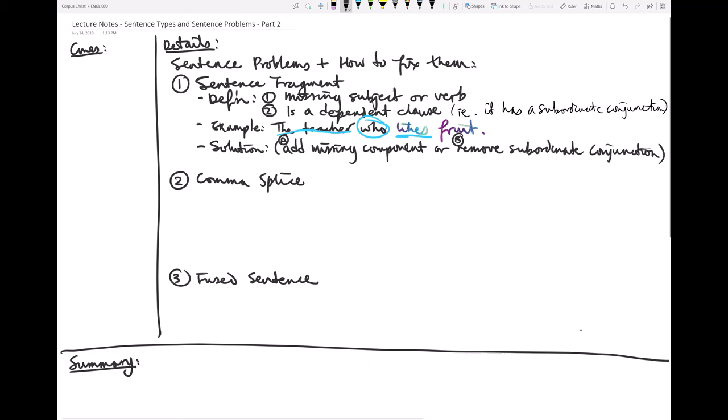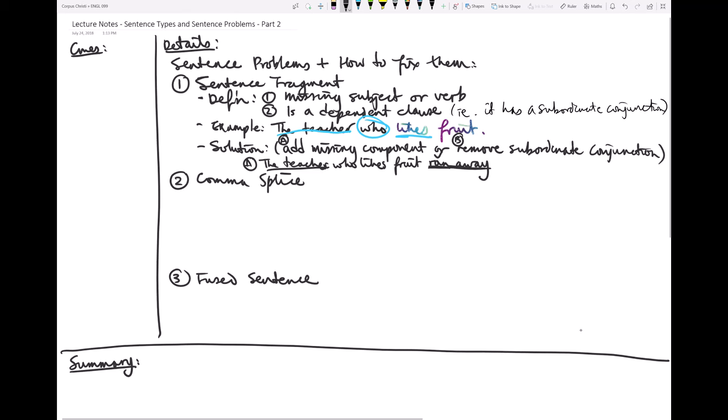So for example, A, I would say the teacher who likes fruits ran away. So I added a verb without a subordinate conjunction. So there's a teacher and the teacher ran away.